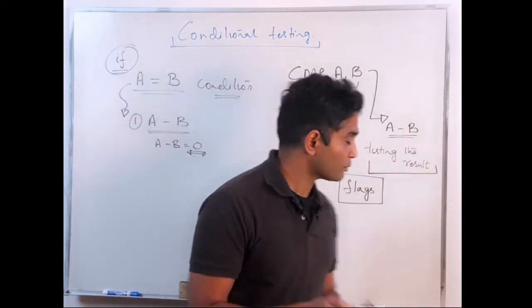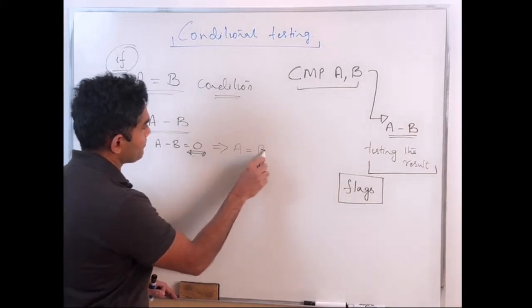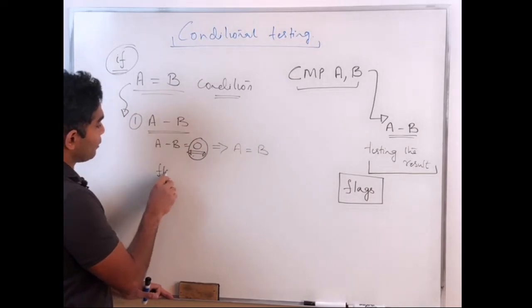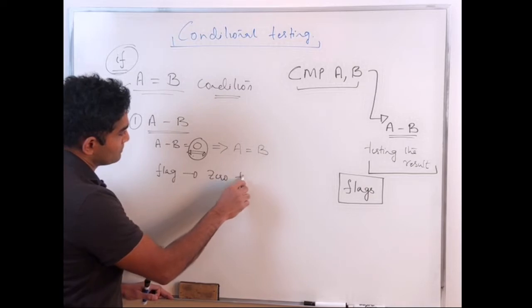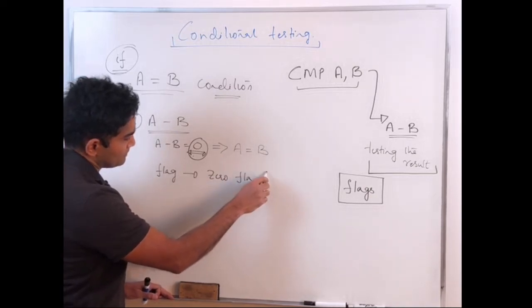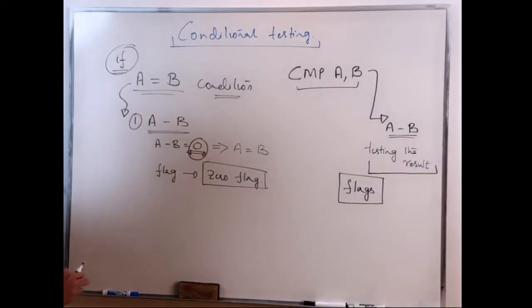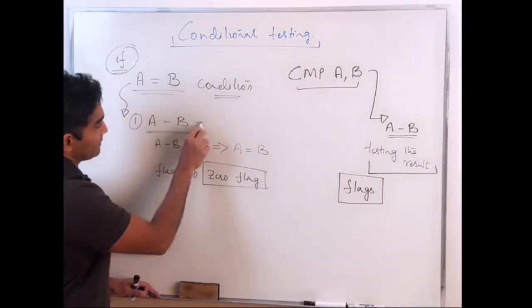If A minus B equals 0, that indicates that A is equal to B. But how do I test if A minus B equals 0? I create a flag called a 0 flag. I perform the A minus B operation and get some answer.